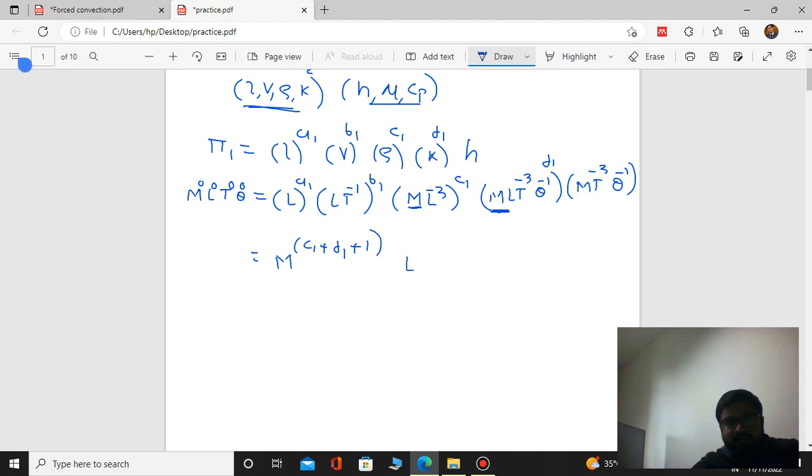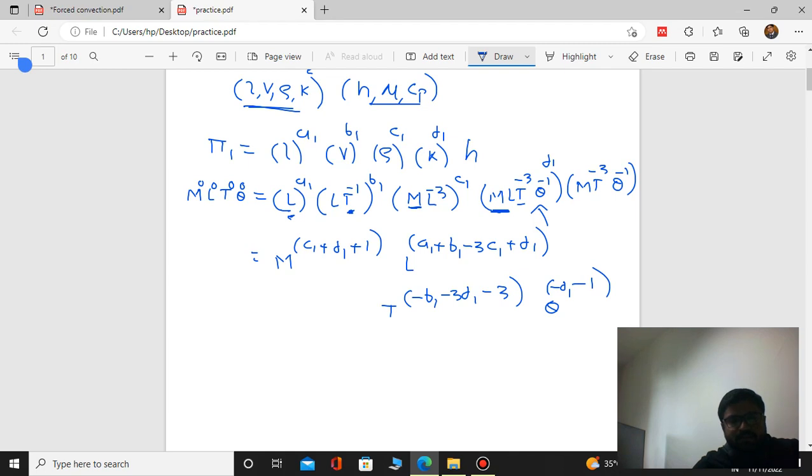Then after L, here we have L, so L raised to A1 plus B1 minus 3C1 plus D1. Now what will we write for T? Minus B1 minus 3D1 minus 3. And where is theta? Here is theta, so for theta minus D1 minus 1.